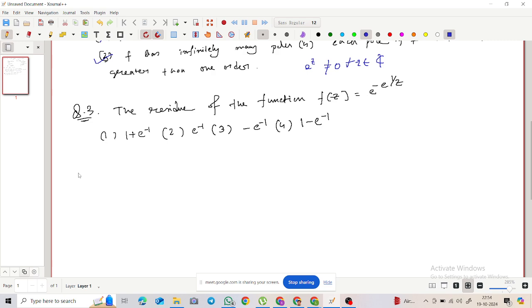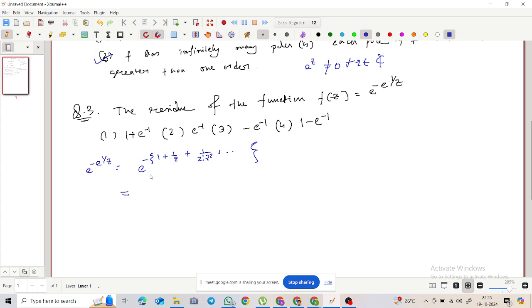She is saying that she is doing this e to the power 1 by z. So what are we expanding at first? The e to the power something, or this thing at the power? Okay, so this is e to the power minus 1 plus 1 by z plus 1 by 2 factorial z square and so on, right?